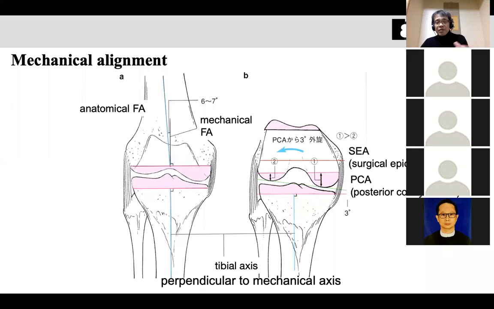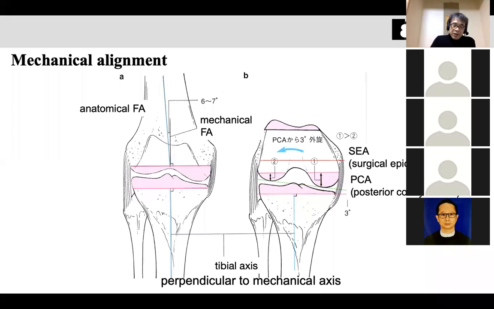In extension, at the distal femur in the normal knee, the lateral side is thin and the medial side is thick, but as a result of bone and cartilage wear on the medial side, the thickness is the same on both sides in most patients.